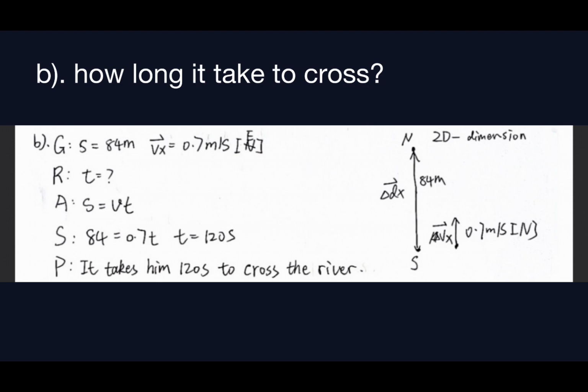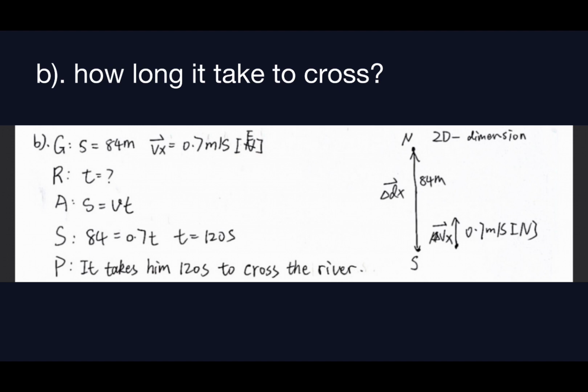And as you can see on the right of the PowerPoint, there's a 2D graph of this motion so that we can understand why I do this calculation, because the distance here is not dx, it is actually dy.